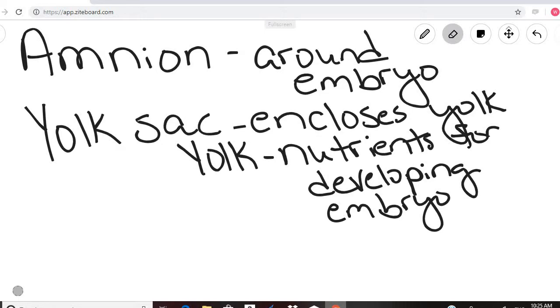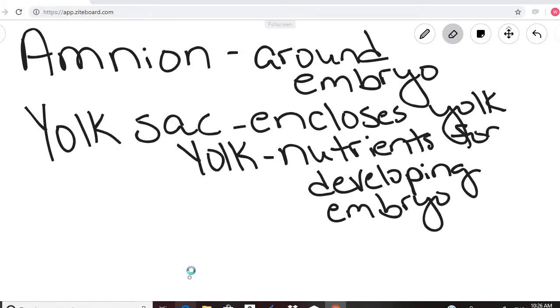Similar to a mammal, when mammals develop, they are enclosed in an amniotic sac as well. And then we'll look at the yolk sac, which surrounds the yolk. The yolk is just a bunch of nutrients. It provides the nutrients for the developing embryo, and as the embryo consumes the yolk, it slowly disappears over time.